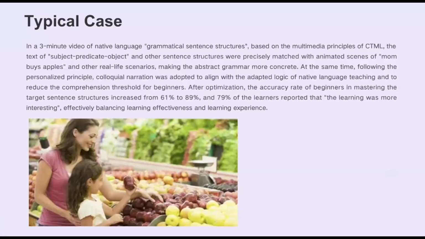After optimization, beginners' mastery accuracy rose from 61% to 89%. And 79% found learning more interesting. That's CTML's magic, balancing effectiveness and experience.